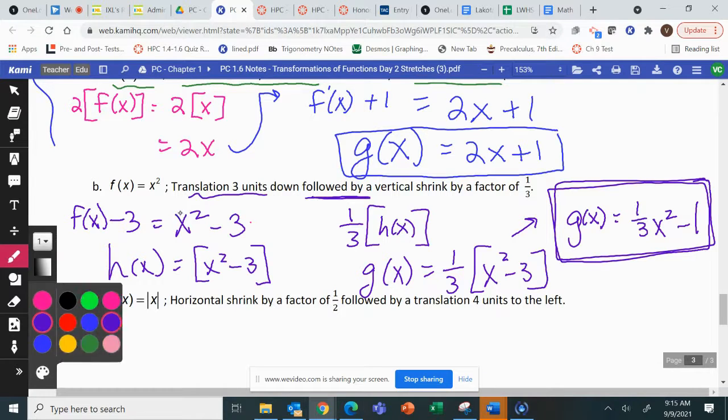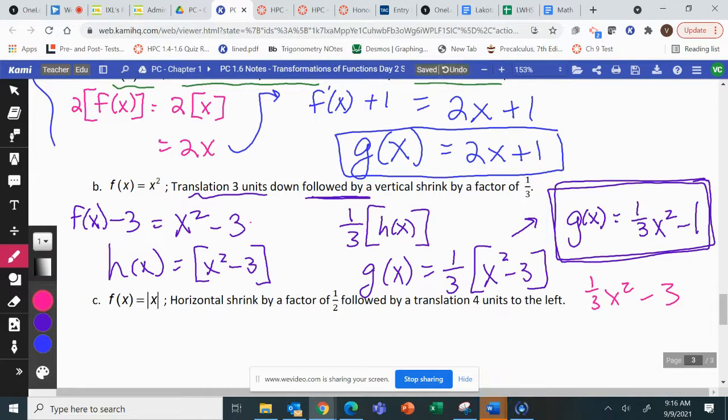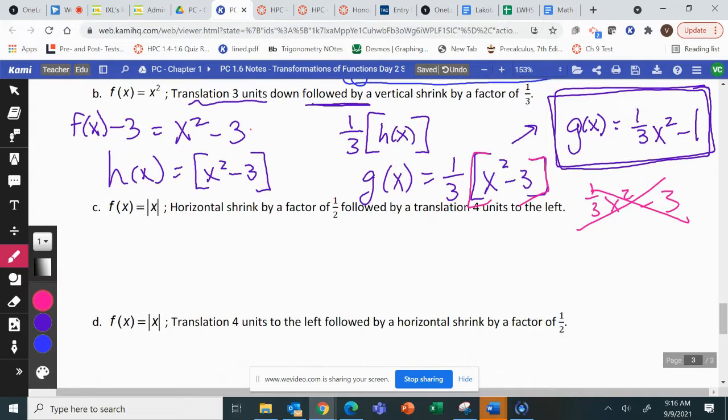Usually the mistake would be 1/3 x squared minus 3. So if that 1/3 is a vertical shrink on the previous function, we have to take the entire function multiplied by 1/3. So we want to try to avoid that mistake. I'm trying my best to show you how I'm doing 1/3 times the function, but people still do it.